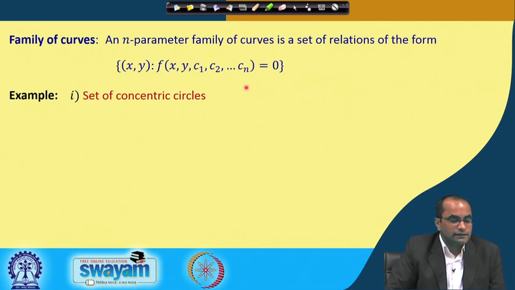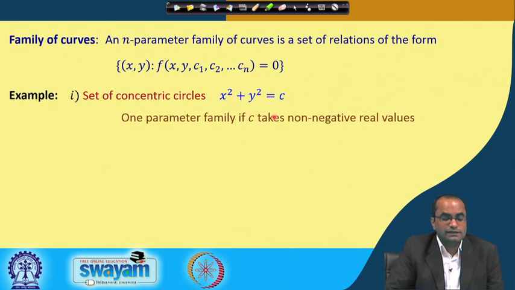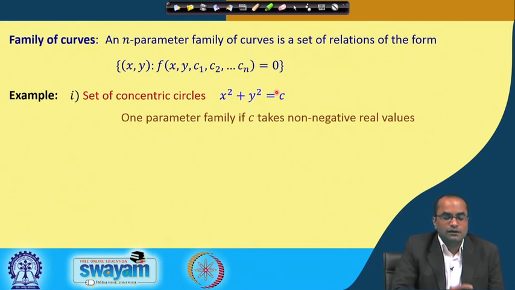And for examples, first take the set of concentric circles, that means x square plus y square is equal to c, where c is a parameter. So it is a one parameter family, and c takes non-negative real numbers, because x square plus y square has to be non-negative.